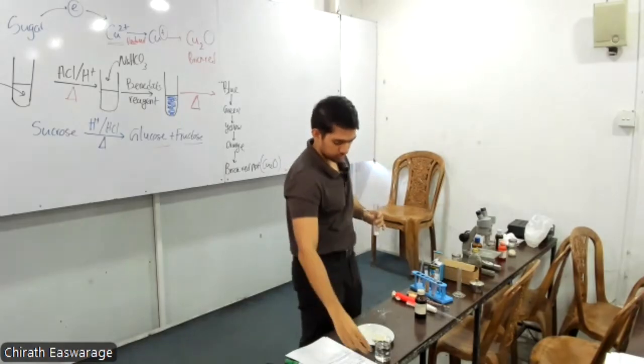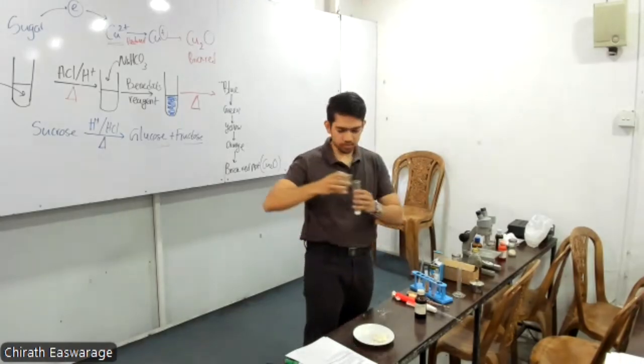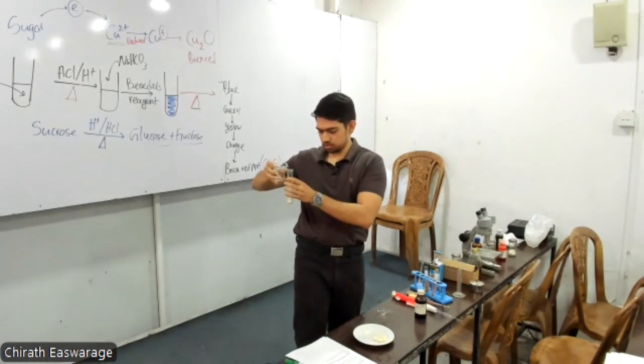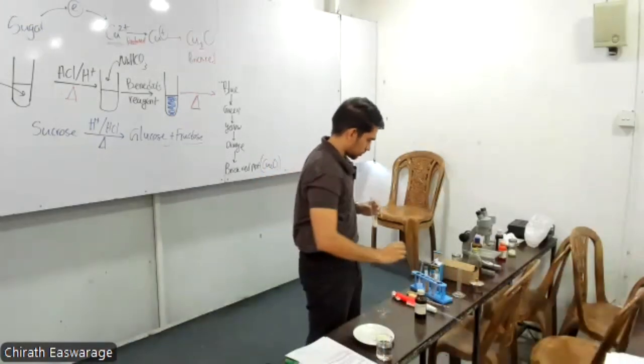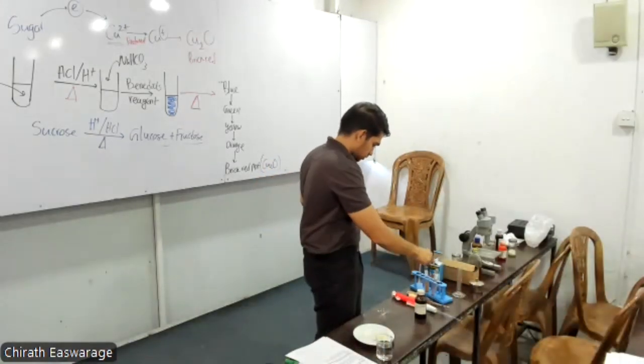So starch is not very soluble, but let's make a colloidal solution, right? So we can add some iodine to it.